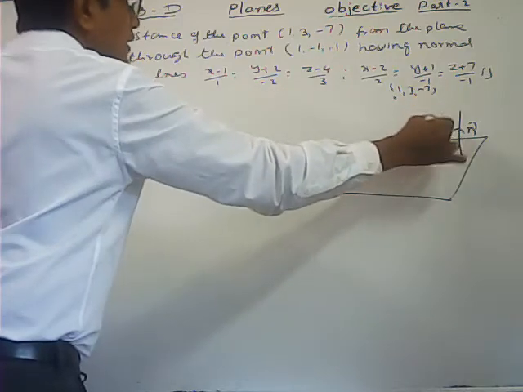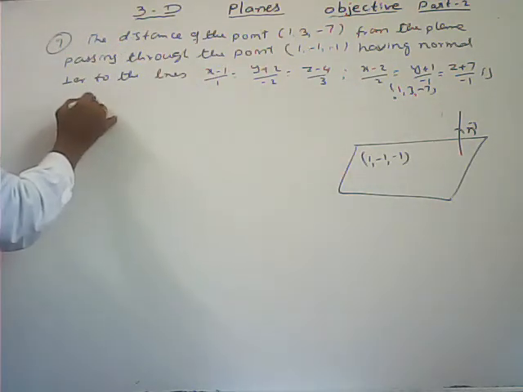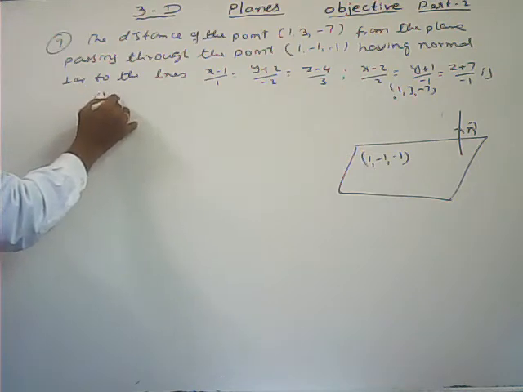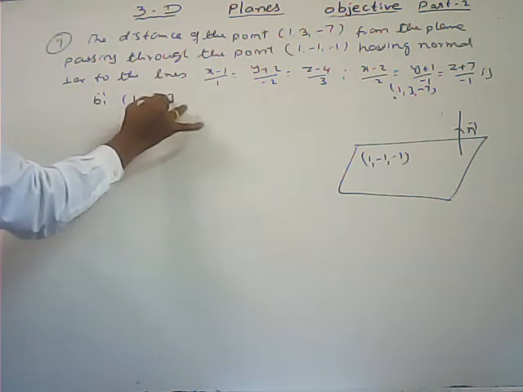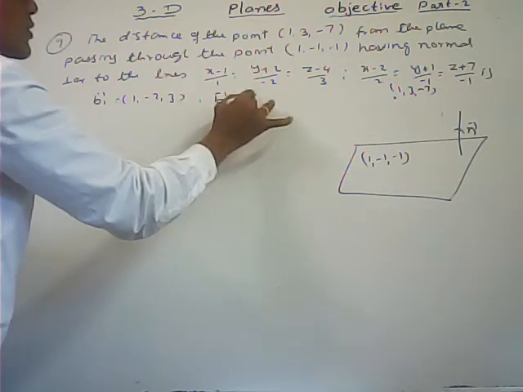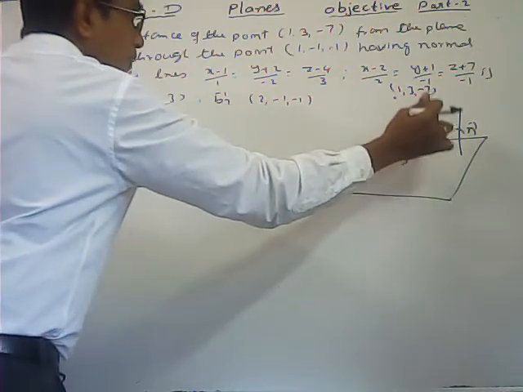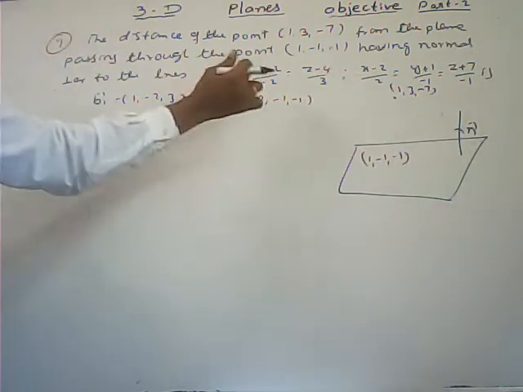Here what are the parallel direction ratios of the line, b1 bar: 1, minus 2, 3, and of the second line, b2 bar: 2, minus 1, minus 1. So here what they have given is that the normal is perpendicular to both the lines.